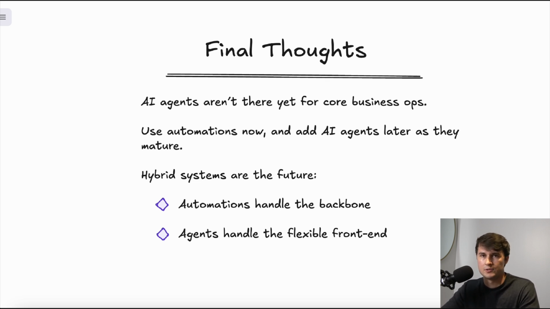So it makes much more sense to prioritize using AI automations, and as AI agents mature, look to implement these as well. But it's important to note that the future is truly hybrid systems. What this means is that AI automations will handle the back-end procedures and processes, whereas AI agents will handle the more flexible and unpredictable front end.